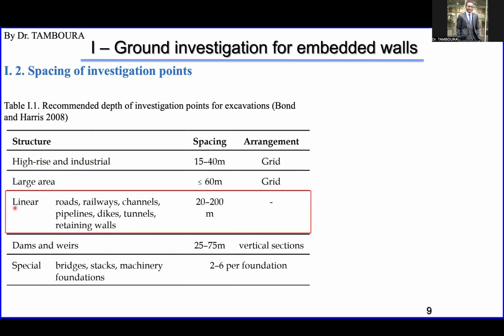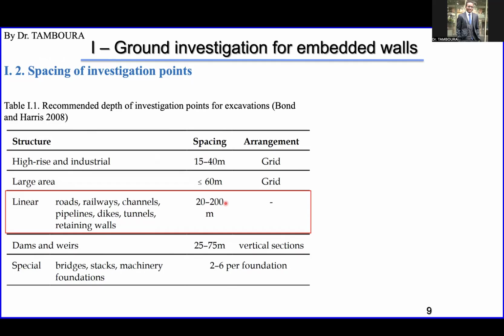You can see some linear structures like road, railway, channels, pipelines, dikes, tunnels, retaining wall. So the spacing should be between 20 and 200 meter, according to Eurocode.